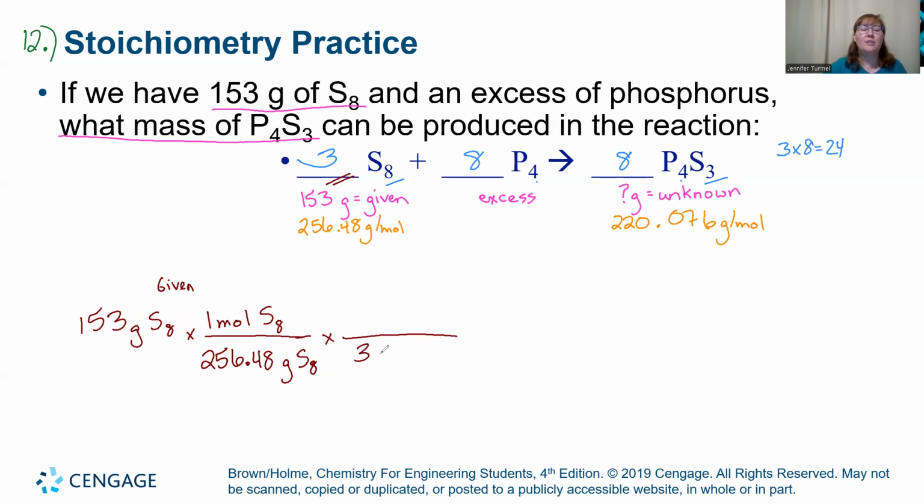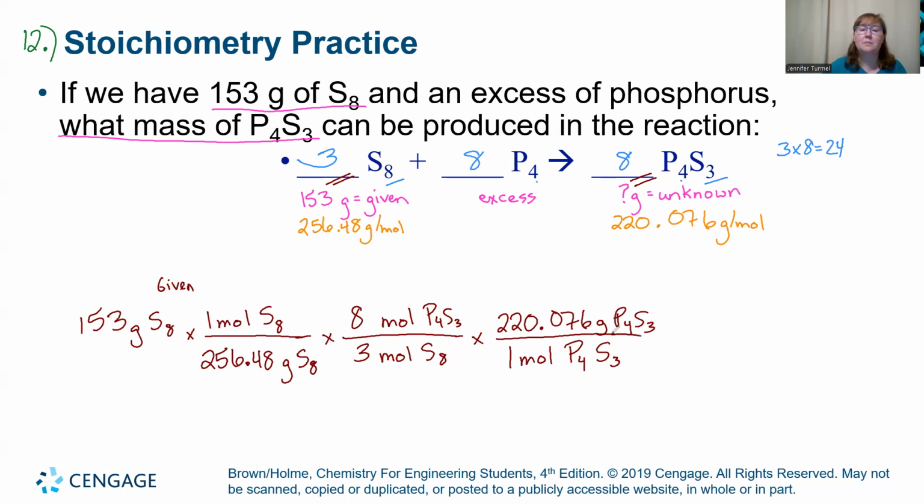So that's 3 moles of S8 here on the bottom, and 8 moles of P4S3 on the top. And now our last part is the molar mass of our unknown. So 1 mole of P4S3 contains 220.076 grams of our P4S3.